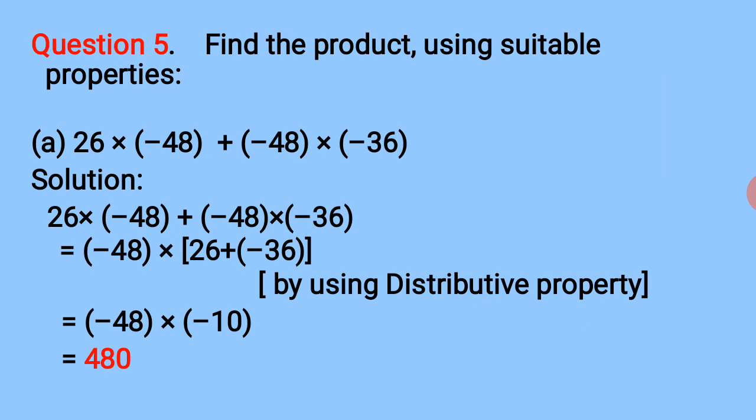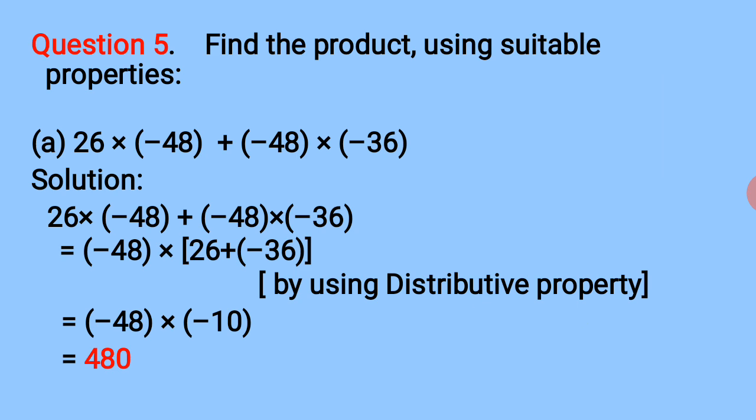So here you have another method, that is using the properties. Children, we have already studied the distributive property. We are now going to use the distributive property here, and you will see that within say 30 seconds you get the answer without any big multiplications.